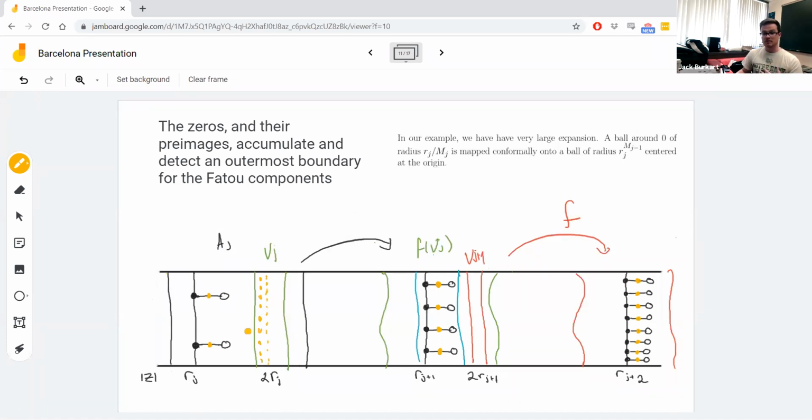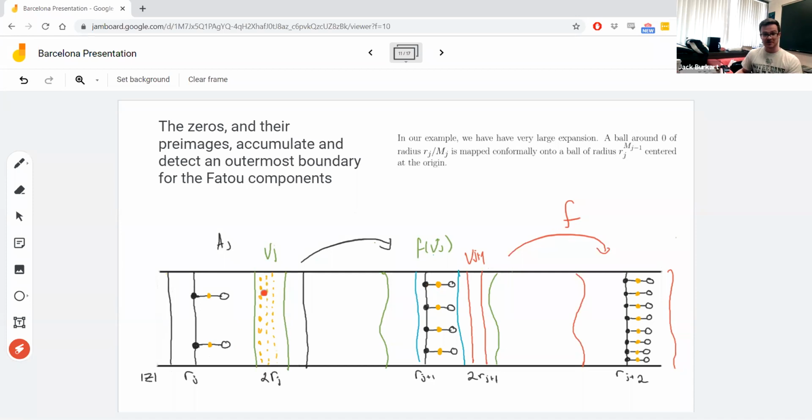And so we can imagine playing this game again. If you went further, I'm out of screen space to do this, but you're going to have another layer of points that eventually get mapped to 0. So the points in this layer get mapped to 0 after one iterate. These points on this line are going to map to these zeros and then map to 0, so they'll map to 0 after 2 iterates.